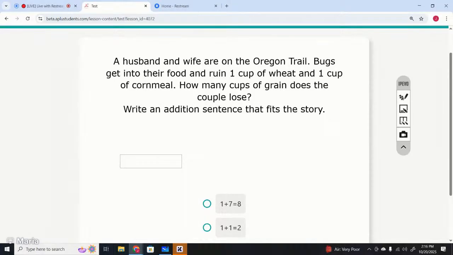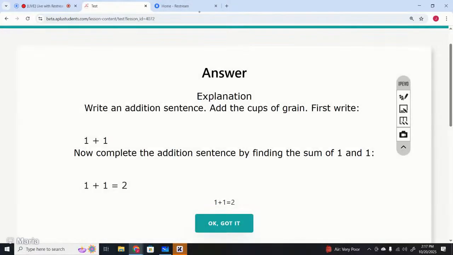How many cups of grain does the couple lose? That is 1 plus 1 equals 2. Sorry.